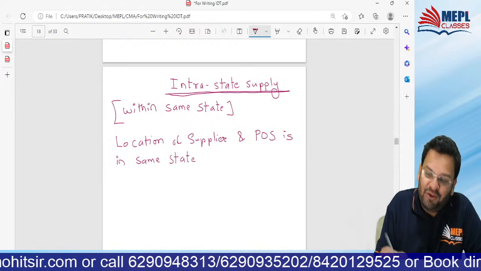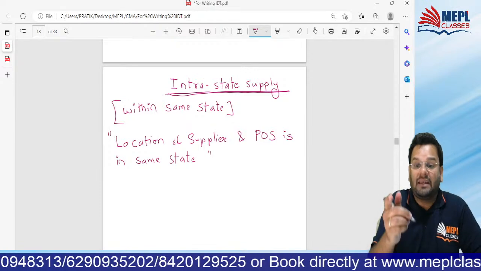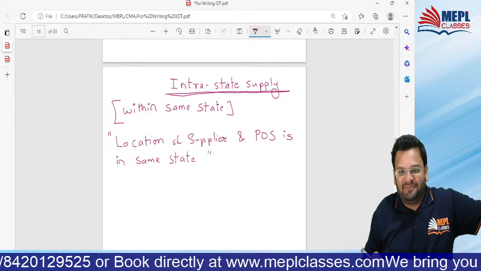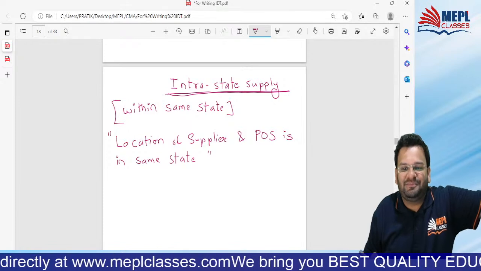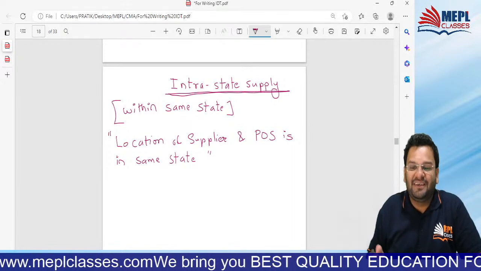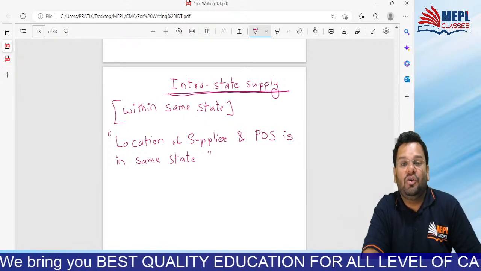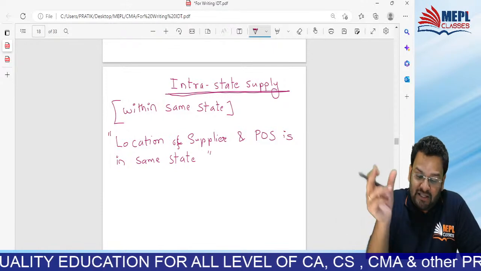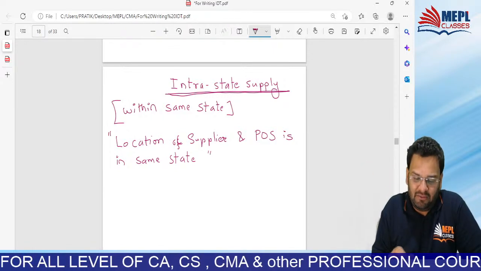I hope you remember our yesterday's example that there was one person going to Gujarat and having food in a restaurant in Gujarat. Do you remember the example? The restaurant in Gujarat is the location of supplier and the place of supply is also Gujarat.